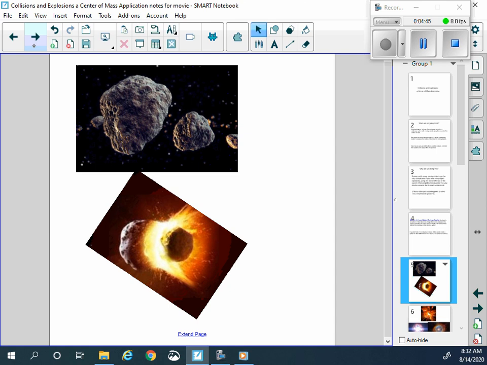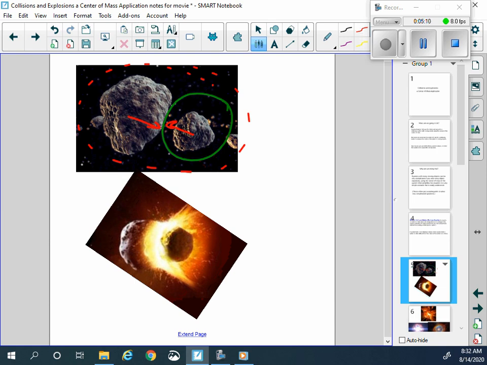Now, if you're wondering why it is that these objects move, that's because the force of gravity that pulls on them both is in fact internal for the system. But if I am looking at just this asteroid, the force of gravity that's pulling on just that asteroid, from its point of view, is external.